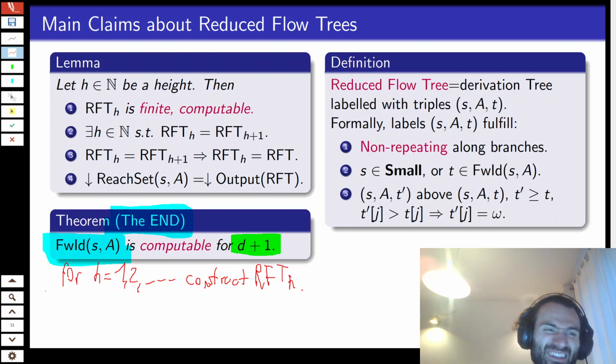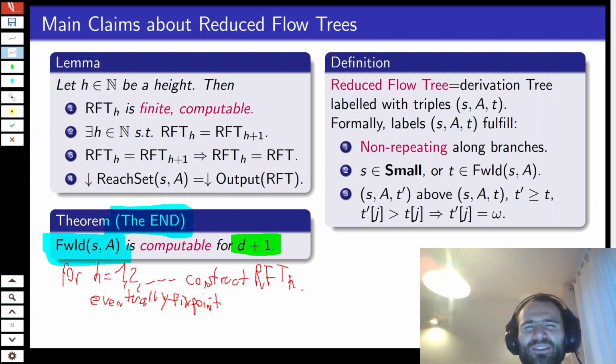Then essentially 2 tells us that eventually we hit the fixed point. At this point you know that you have computed all of RFT.